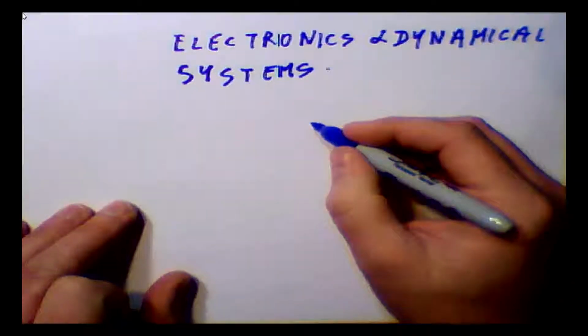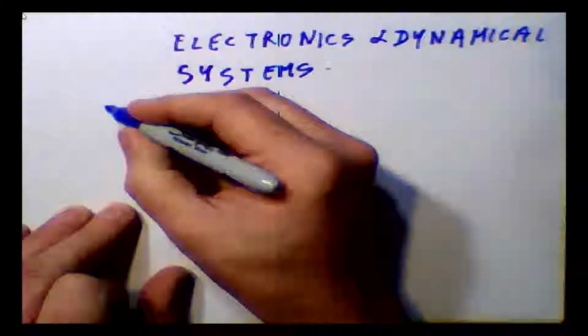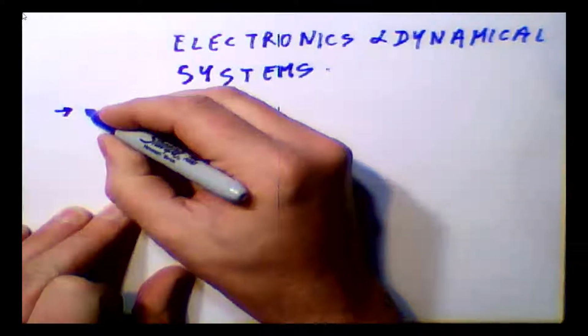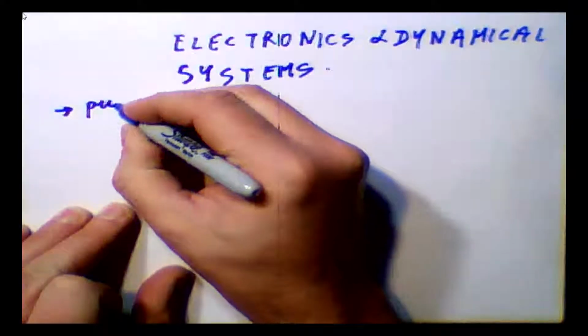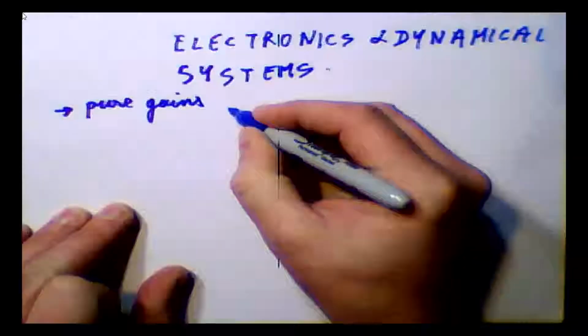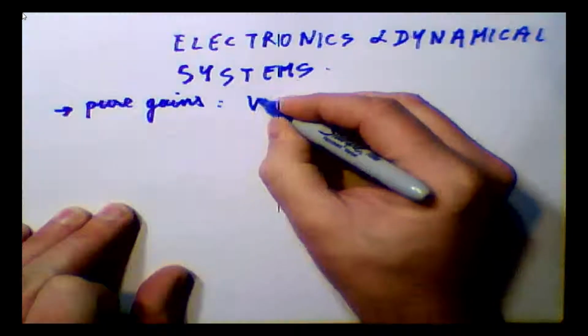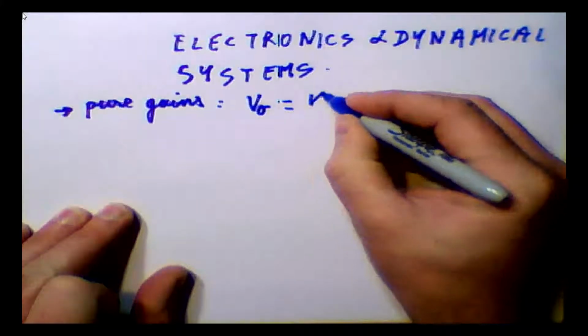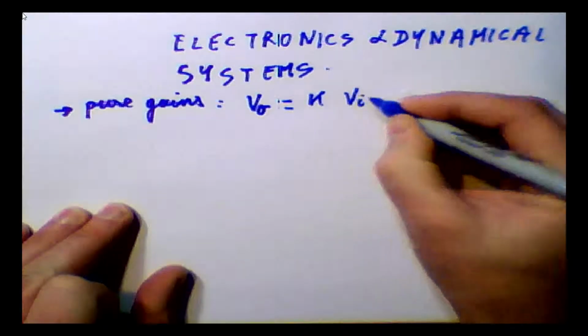During the previous lecture, we have already seen how to realize pure gains. That is, V output is equal to a gain K times V input.